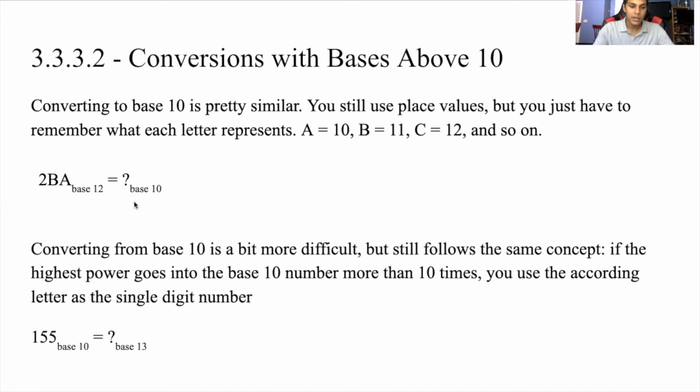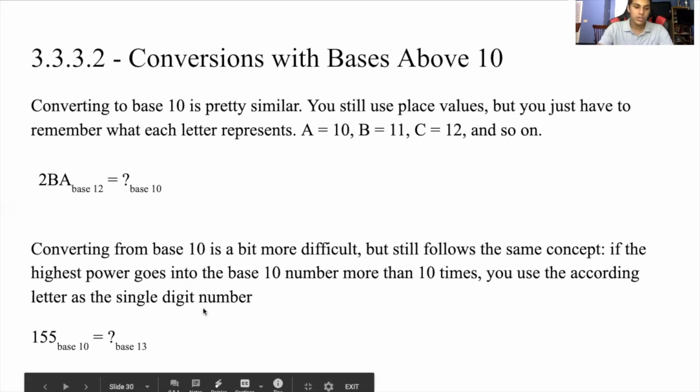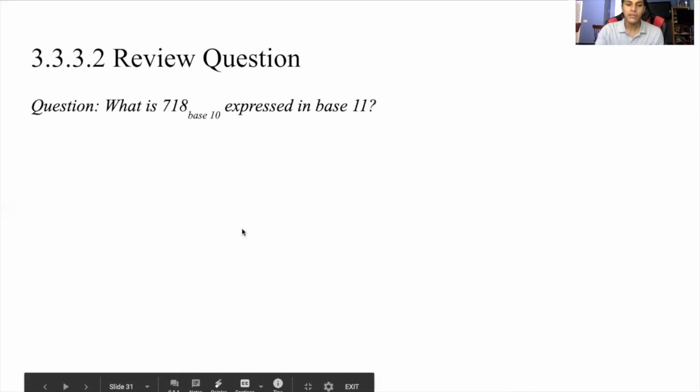And then we converted 155 in base 10 to base 13, which left us with BA, because 13 goes into 155 11 times, and 1 goes into the remainder 10 times. Then we converted 718 in base 10 to base 11, which gave us 5A3.